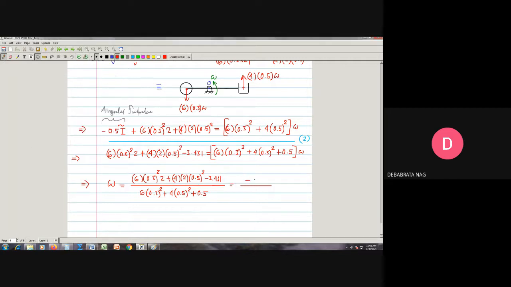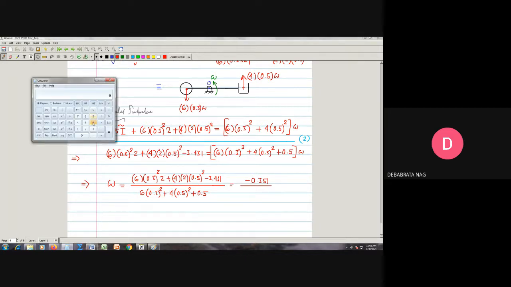So we say this is minus 0.351 divided by 6 into 0.3 square plus 4 into 0.5 square plus 0.5. So it is 2.04.